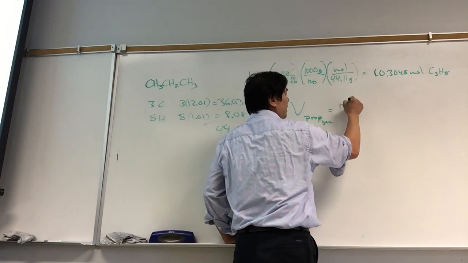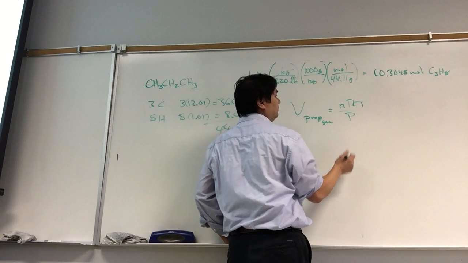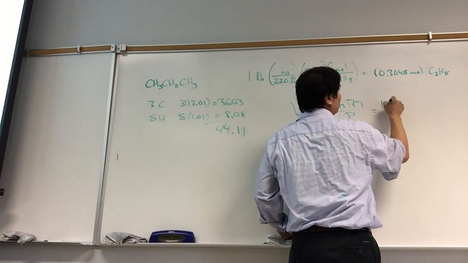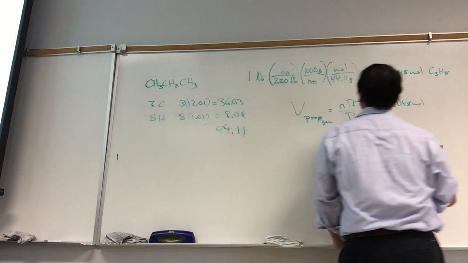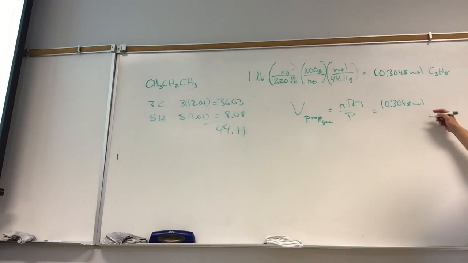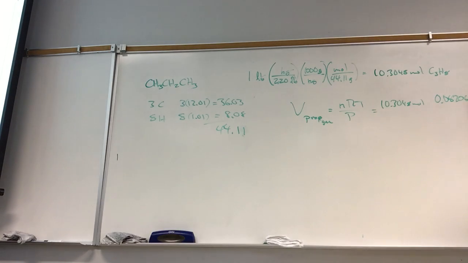Then it's just equal to nRT over P. n is 10.3048 moles. I don't have R memorized for bar, so I'm going to use this one, 0.08206 liters atmosphere per mole Kelvin.